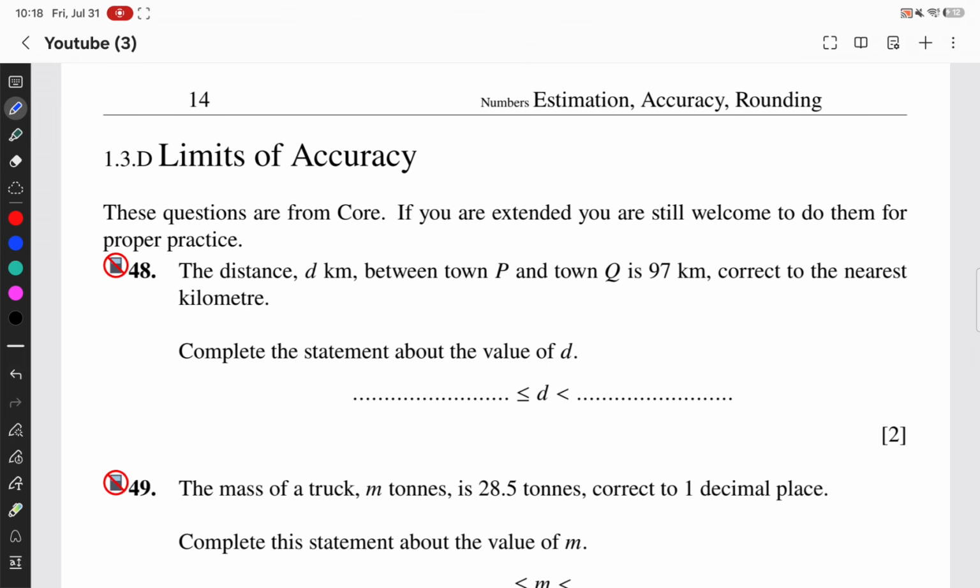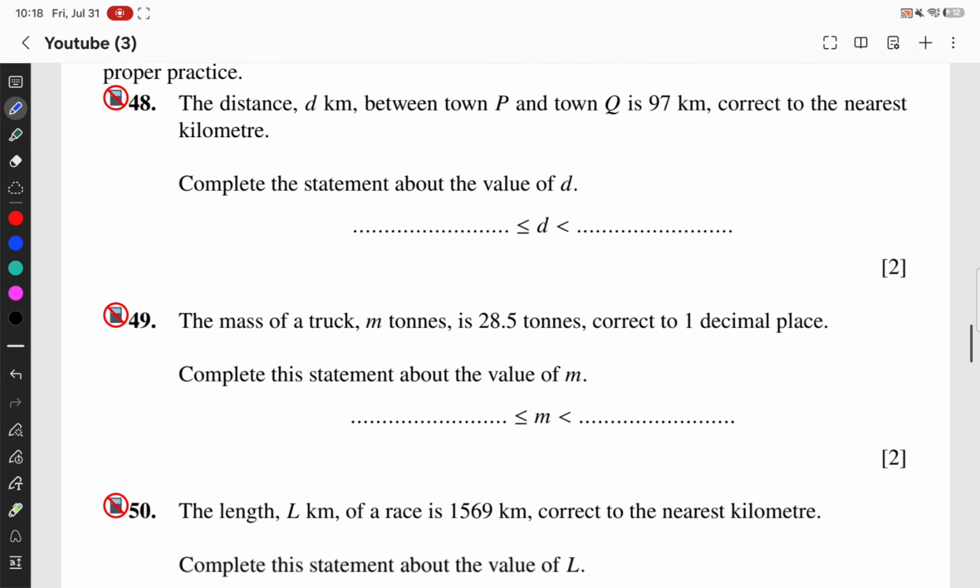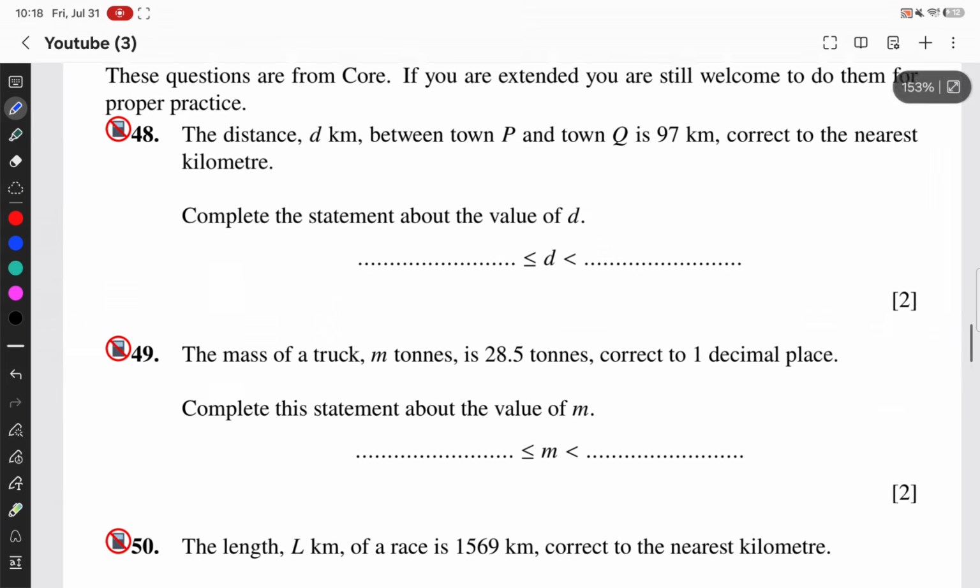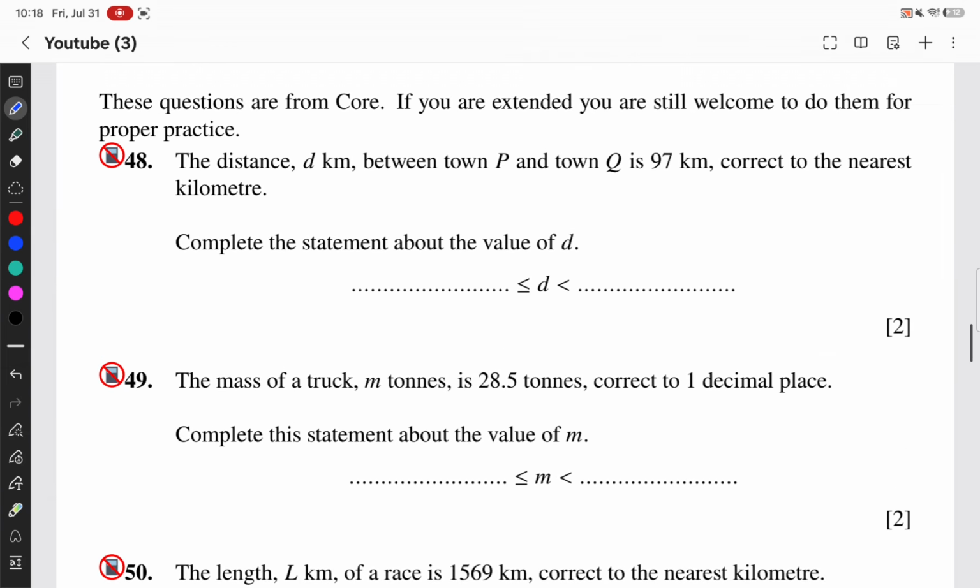If you cannot do decimal addition and subtraction correctly, you may try without a calculator, but I suggest using one, because limits of accuracy questions usually come in calculator papers. So if you still want to build up your non-calculator skills, then sure.